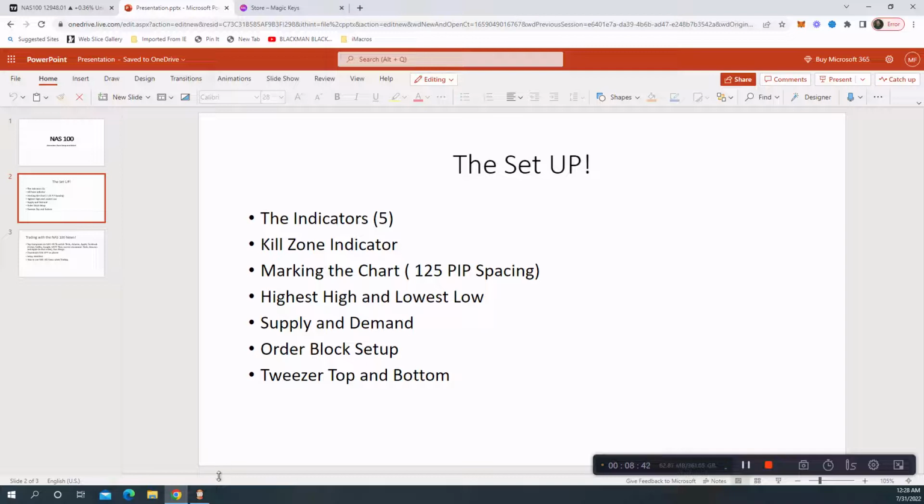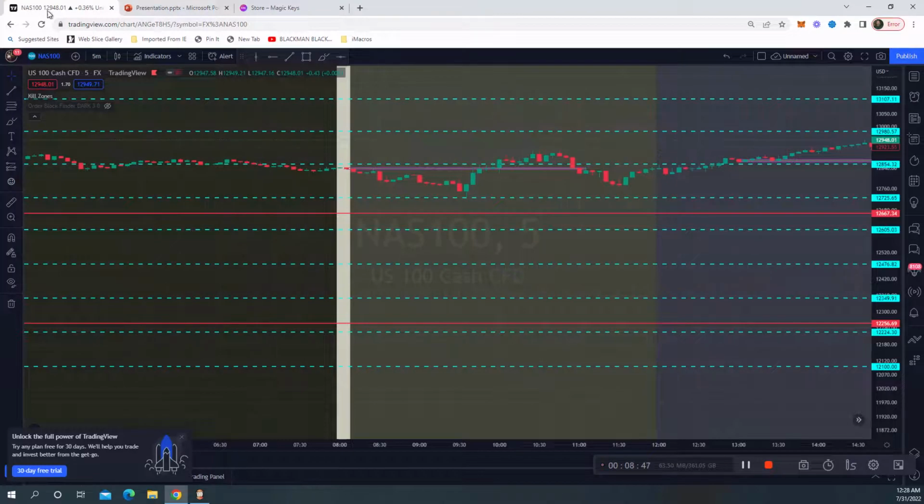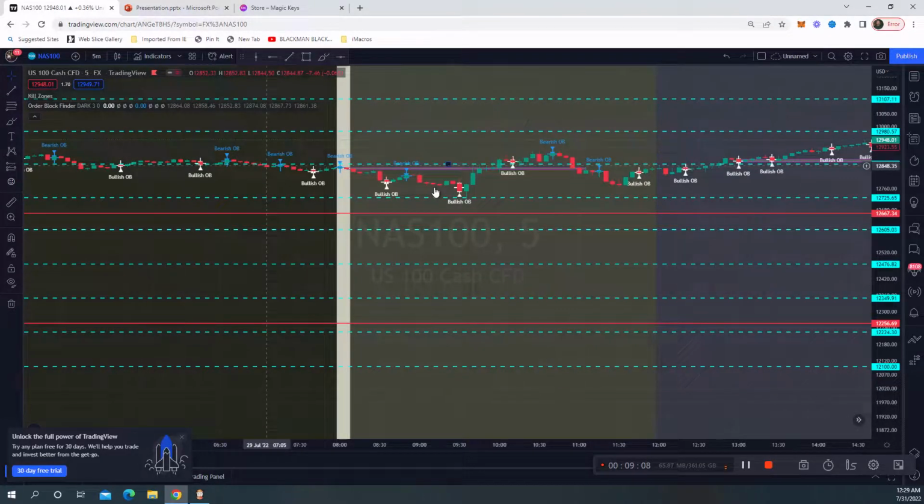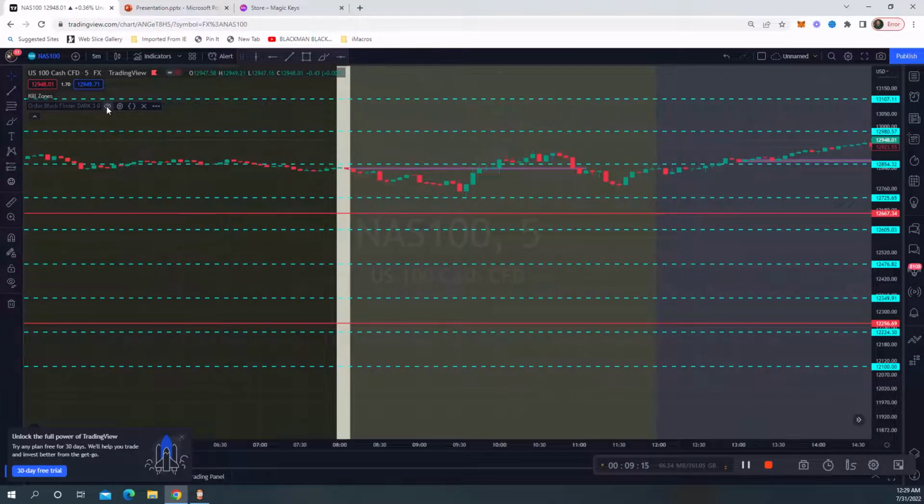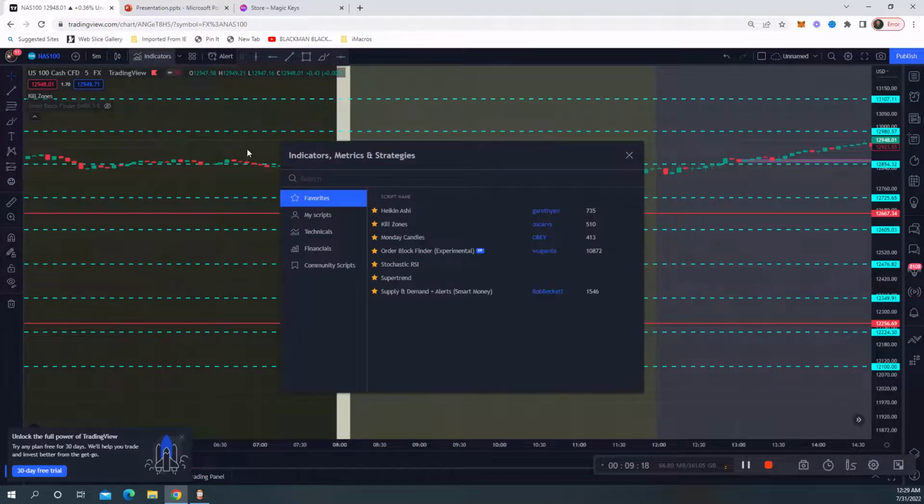Now, the other two, you actually get off of TradingView as well. Actually, the other one is an order block. Let me show you that. The order block looks like this. I don't have it on, but I'm putting it on right now. There's your order block. I want to cut it off because I don't want to confuse you guys right now. But when you go to the order blocks, you want to get this particular one.